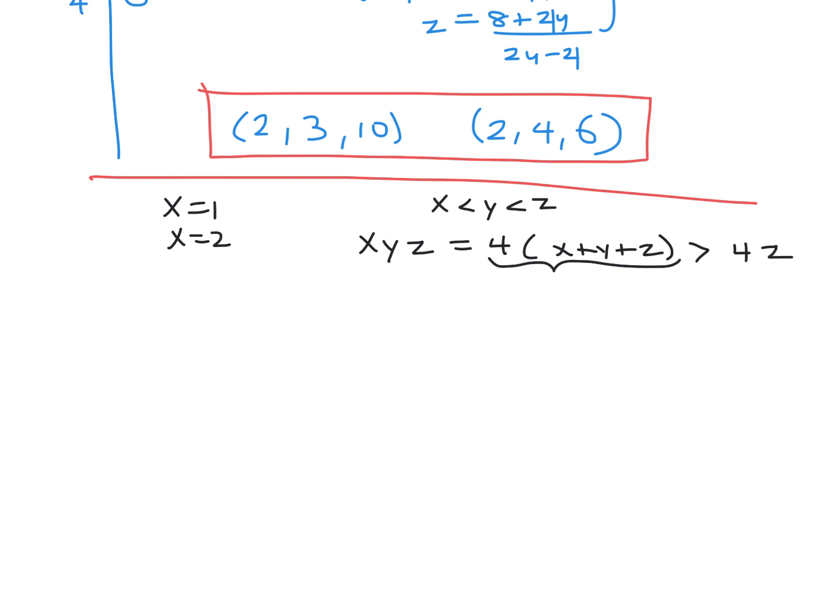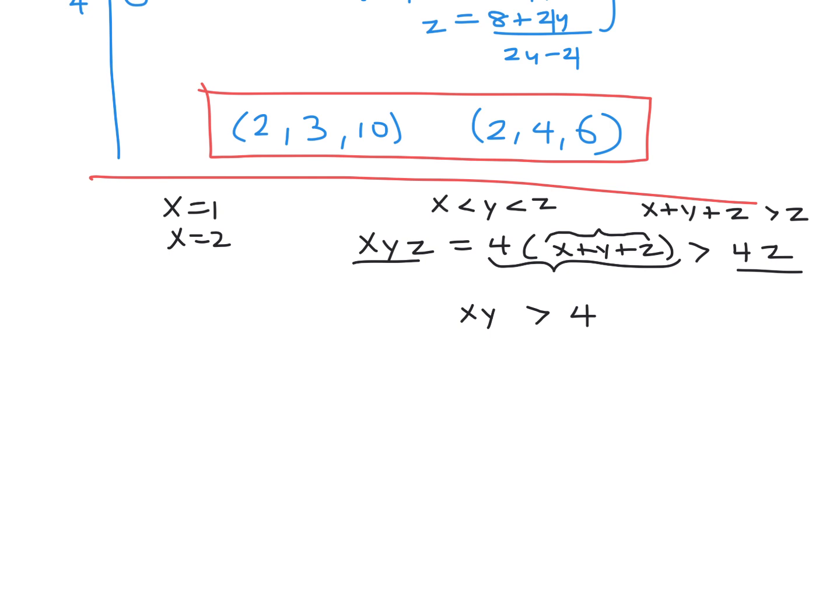And that's just sort of common sense, because if you look at just this, since they're all positive, x plus y plus z obviously has to be greater than z, right? Because x and y will add some value to it. So therefore, 4 times x plus y plus z would be greater than 4z. So then if you compare this and this, that means that xy is greater than 4. Correct? xy is greater than 4.